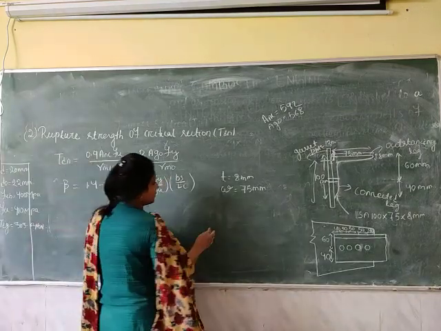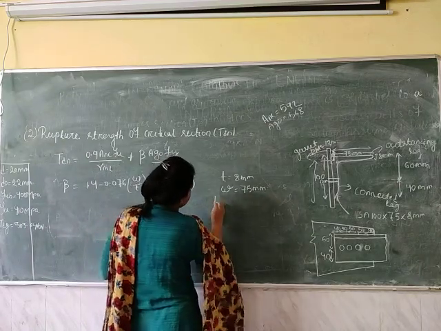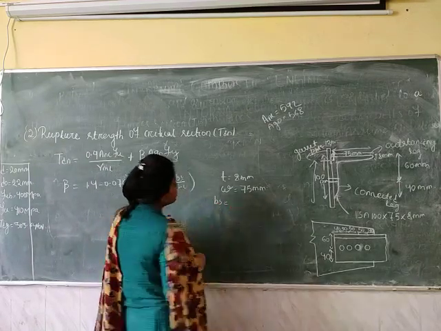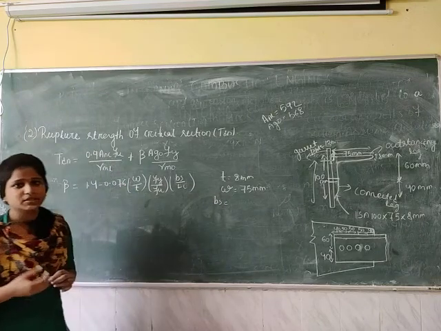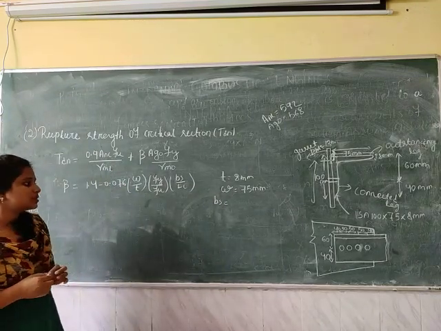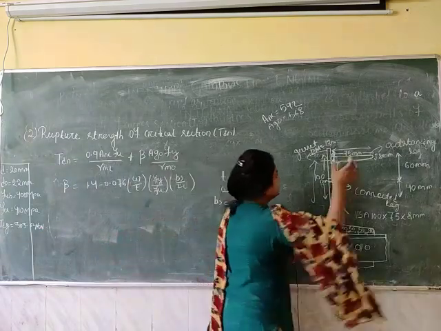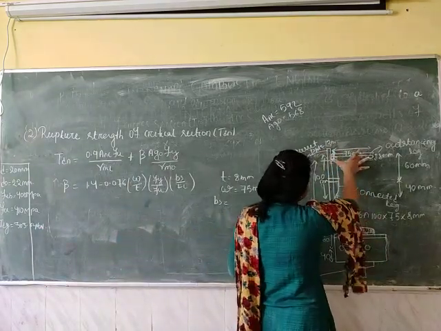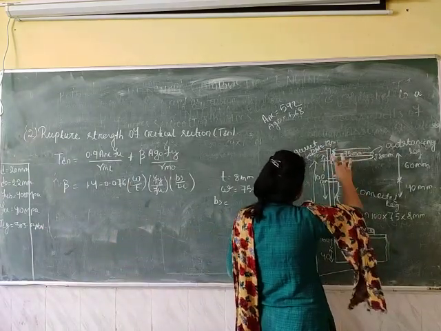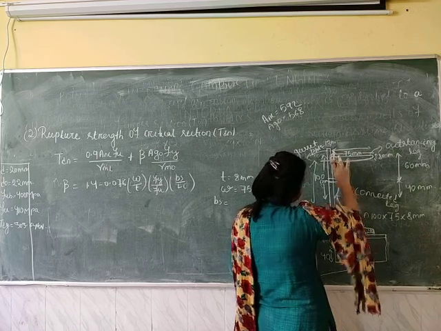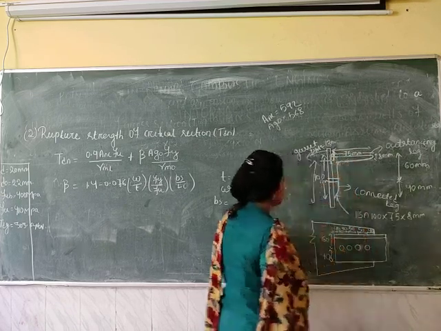Then bs. So bs is the shear lag width, meaning the portion which is facing the shear lag effect. So here this leg width and this leg width are facing the shear lag effect.